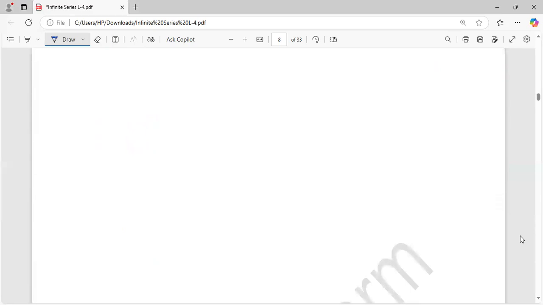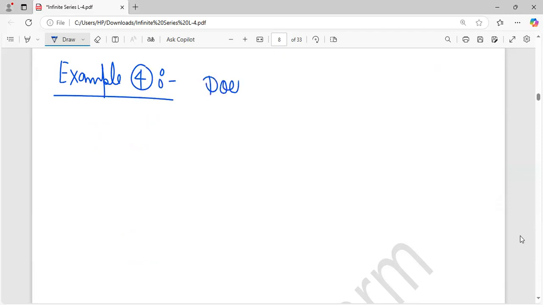Now example 4. Does this series, summation n goes from 1 to infinity of log n upon n to the power 3 by 2, converge?